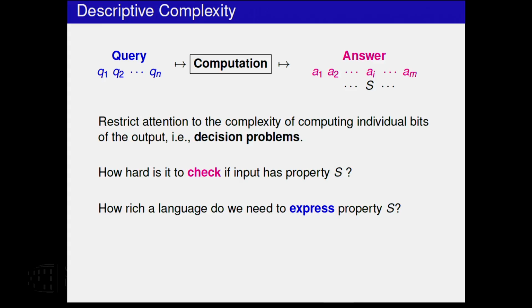So in complexity, we're always talking about decision problems. Does this input have a certain property? In descriptive complexity, we're saying, well, how hard is it to express that property in some kind of formal language? And instead of saying how much time or space or processors you need to check if the input has a certain property, I want to say how rich a language I need to express the property.